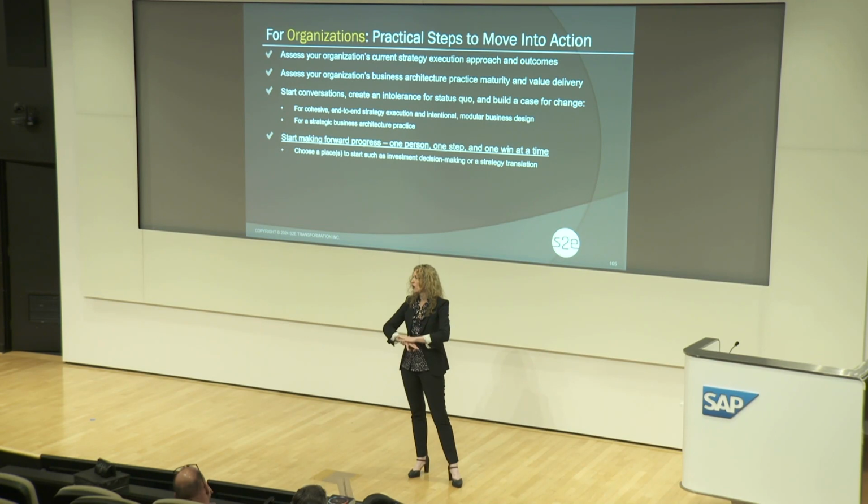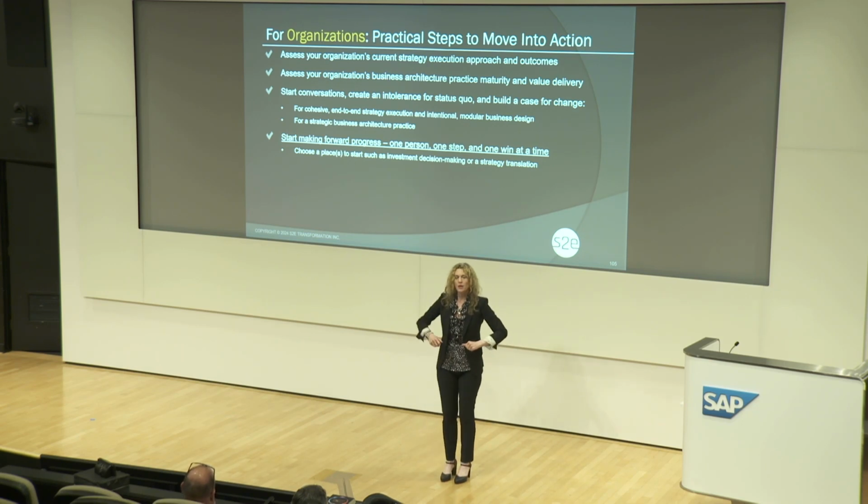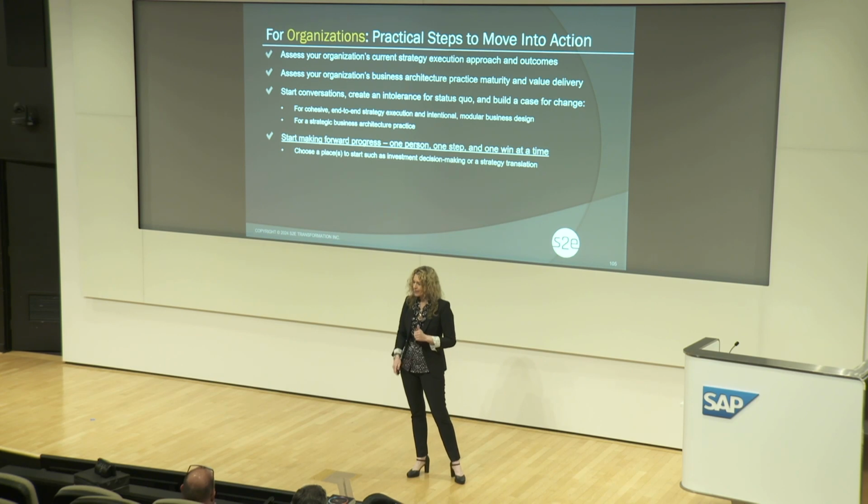I shared some good places to start. Translate a strategy, put a capability lens on the investment portfolio, put a capability lens on applications, but there are so many places you can start, and I hope you've gotten some ideas today on what makes sense for you. But just start applying business architecture, show what it looks like, bring people along, and keep doing it.